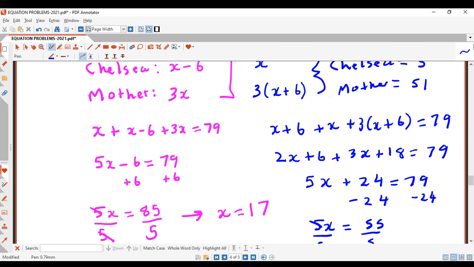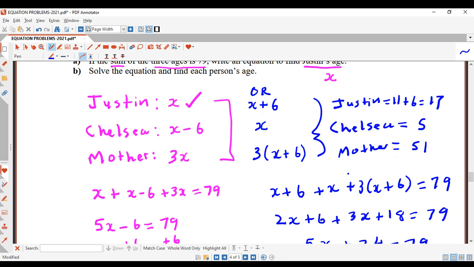X is 11, not 5. My bad there. So I'll just go back there. Just see that I've made an error. All right, so this here, yeah, so Chelsea's age in the second equation is x, and I found x to be 11, so Chelsea is 11. There we go, that's better.